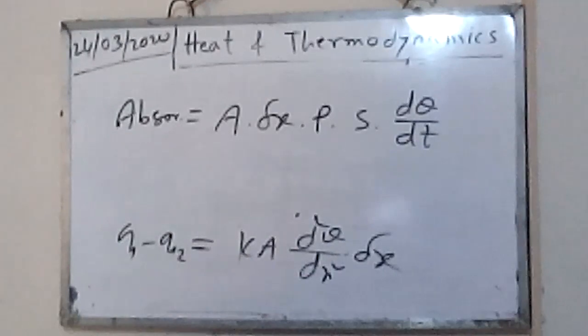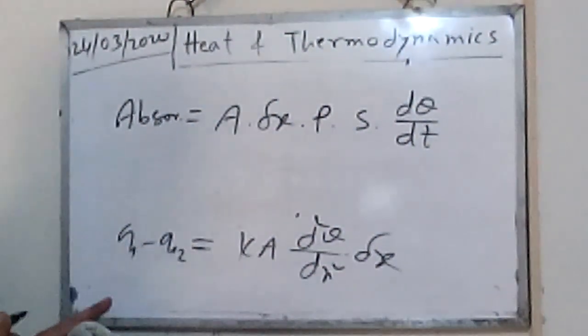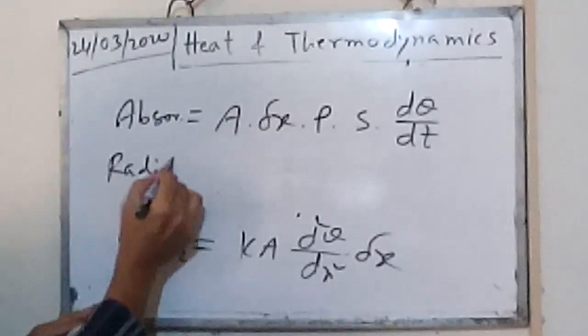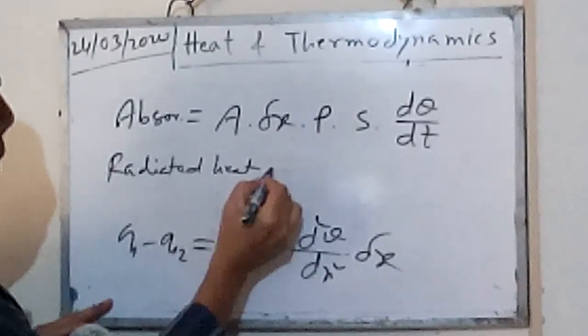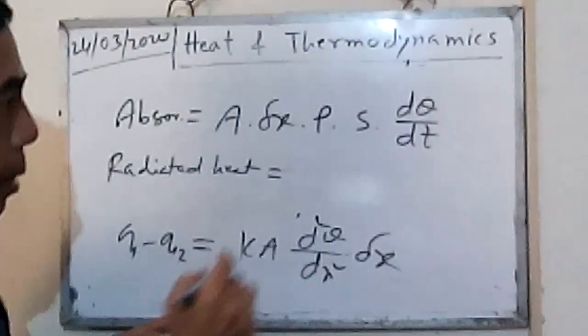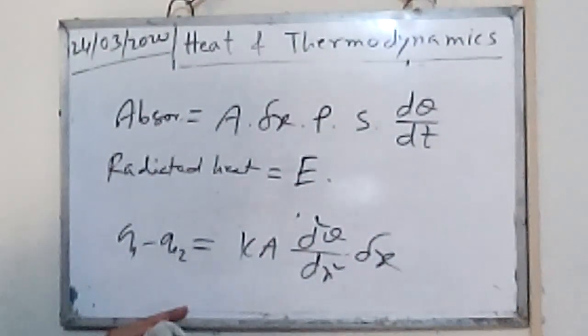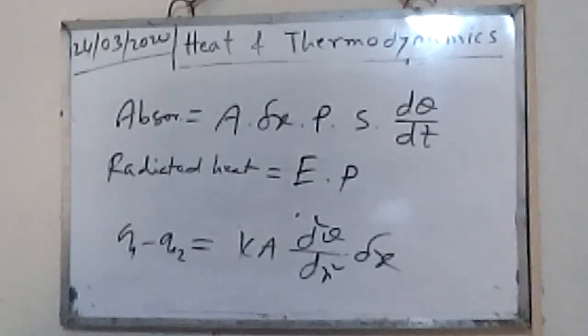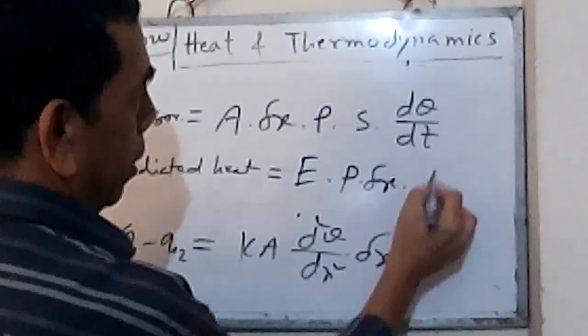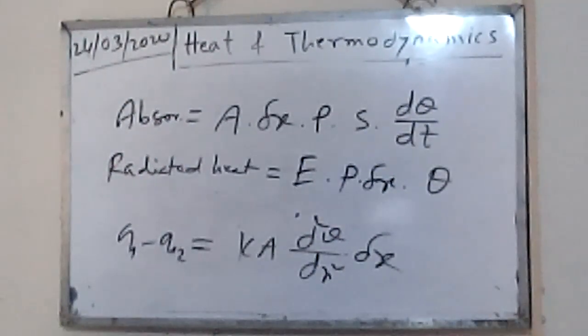Now the radiated heat energy. Radiated heat energy equals emissive power into surface area into the temperature excess over the surroundings, that is, the average excess temperature over the environment or surroundings.